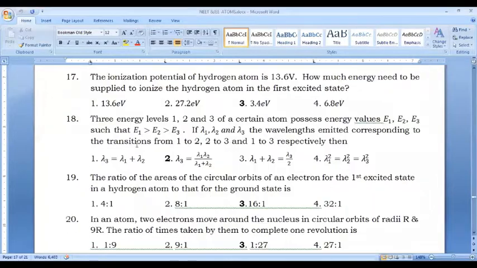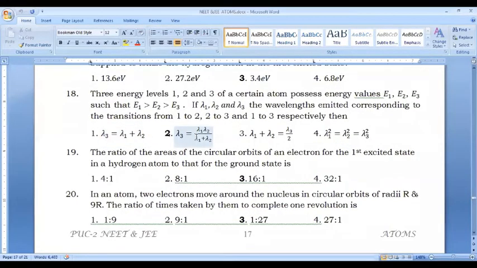Three energy levels 1, 2, 3 of a certain atom possess energy values E1, E2 and E3 such that E1 is greater than E2 greater than E3.